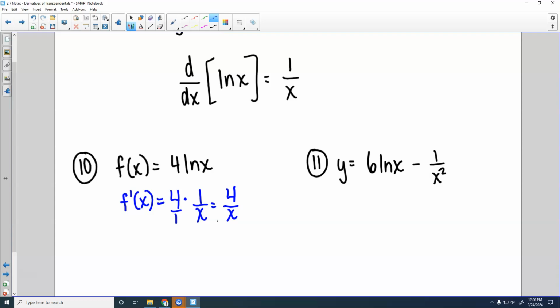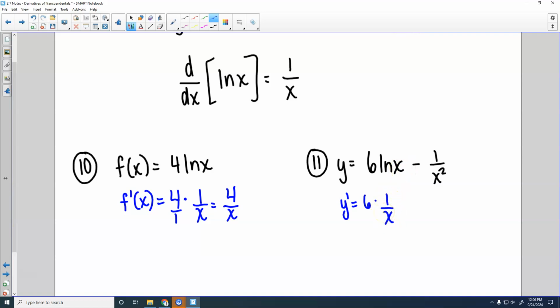For example 11, you're going to take the derivative here, so you can call this dy dx or y prime, whichever one you prefer. Same thing for the first part as what we had for number 10. We're going to have 6 times the derivative of natural log of x is 1 over x.